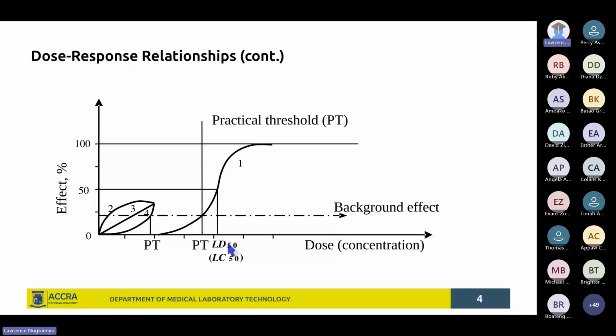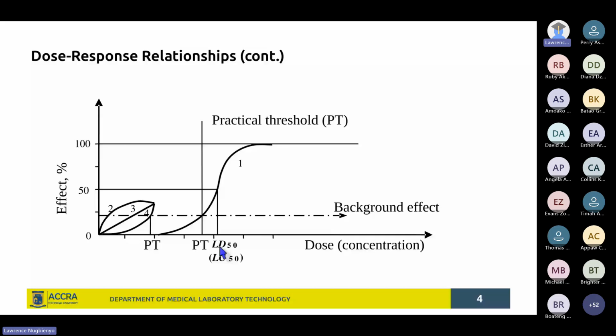You can see something like LD50 over there, which is to say that the lethal dosage, that is the dose that when it was given to say experimental animals, when it got to that dose, 50% of the laboratory or the animal models which were used to study the toxicity of the drug substance died at this concentration, the lethal dose, 50.